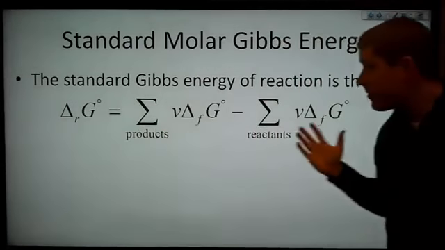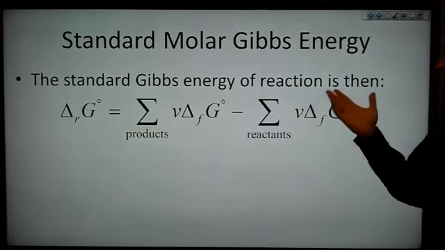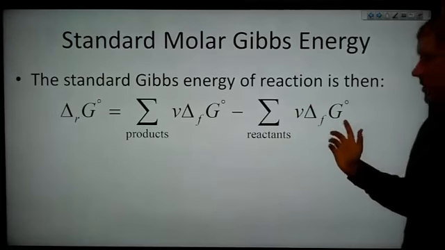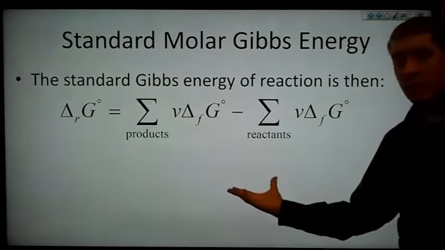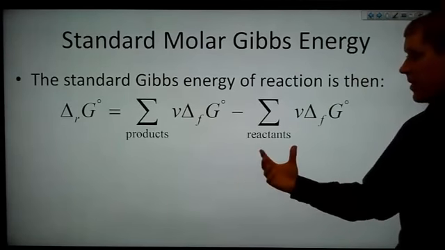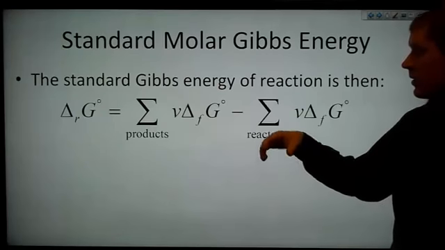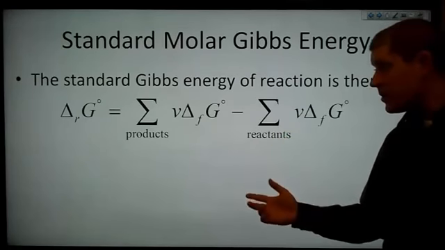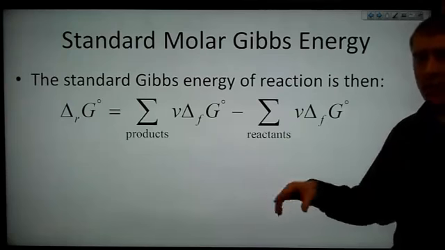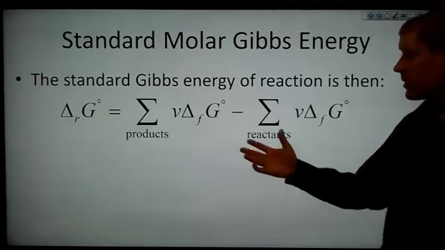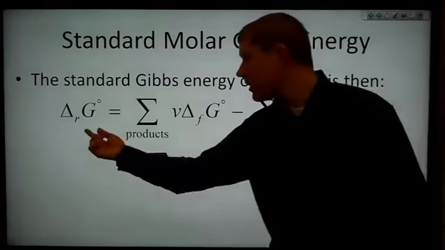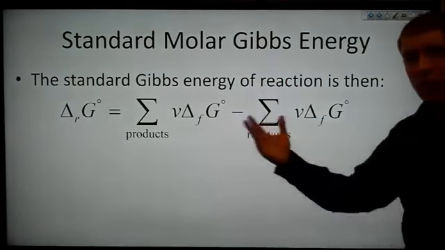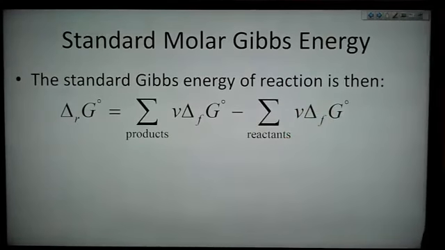So we now have an equation like this. The standard Gibbs energy of reaction is this equation. This is very similar to the standard entropy change for a reaction, or the standard enthalpy change for a reaction. Right? Similar sort of thing, only now we have G in place of H or S.